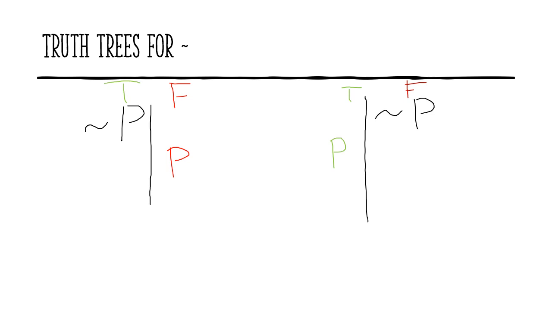So whenever you come across a tilde on either side of a truth tree, you can remove that tilde by flipping it across the line and getting rid of it. That's all you have to do. That's what makes the tilde rule probably the easiest one in the truth tree.